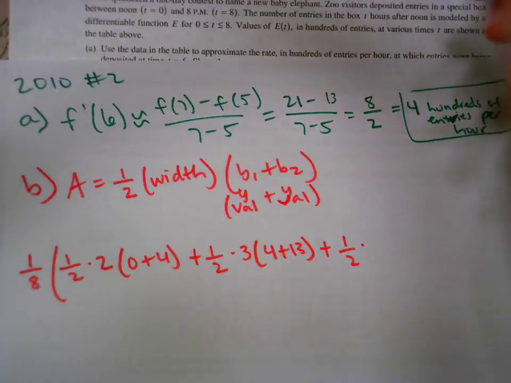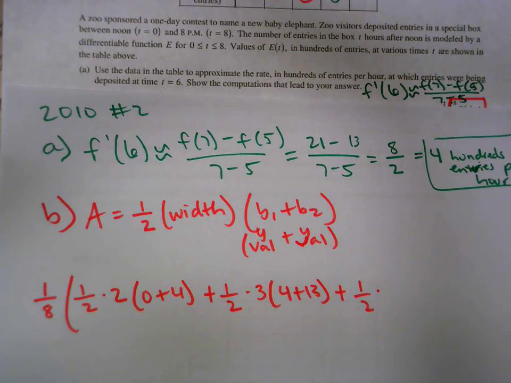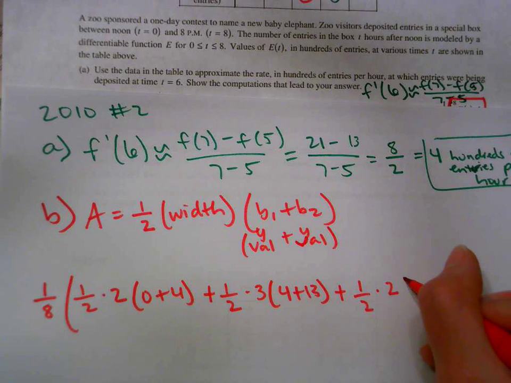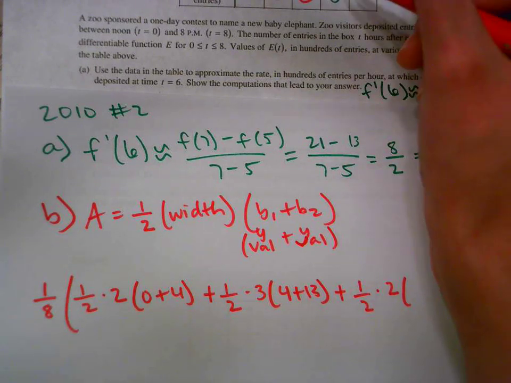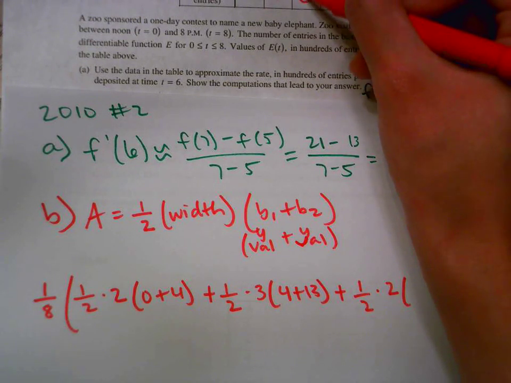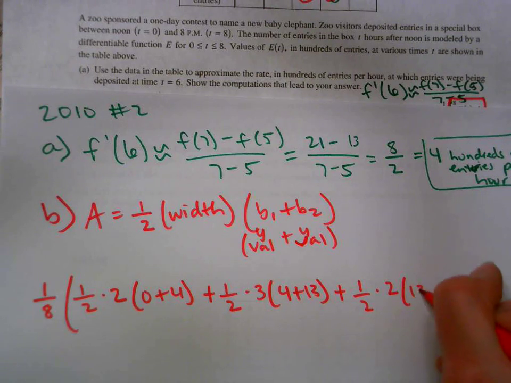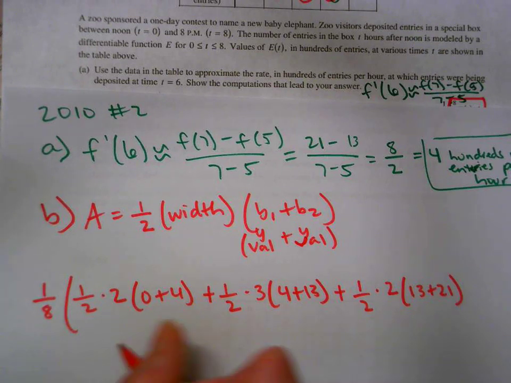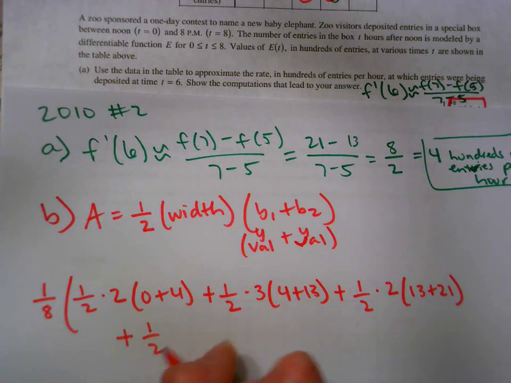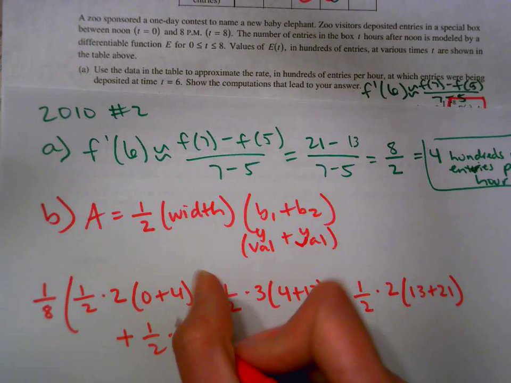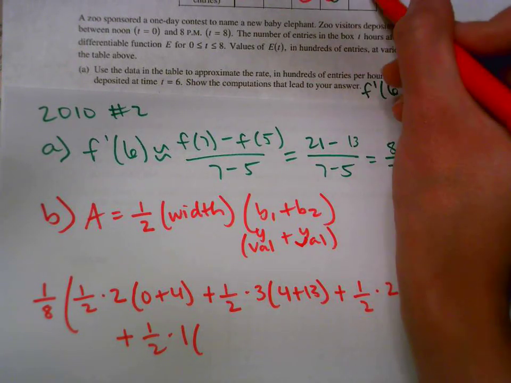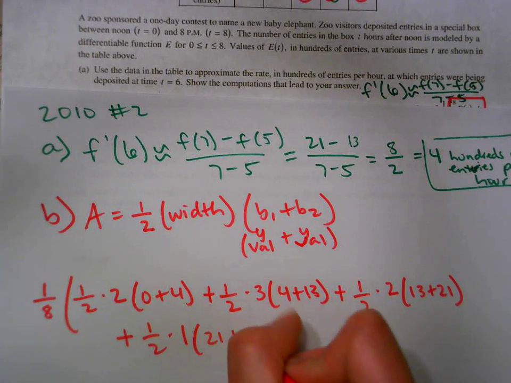But the next width goes from 5 to 7, which would be 2, times its y values as its bases, so 13 and 21. So you should be using your y values more than once, except for the end y values. And we have one more, plus 1/2 times its width from 7 to 8, which is 1, times its y values, 21 and 23.